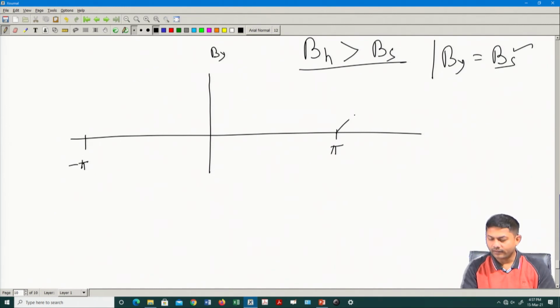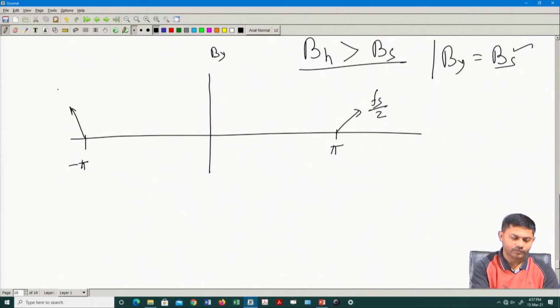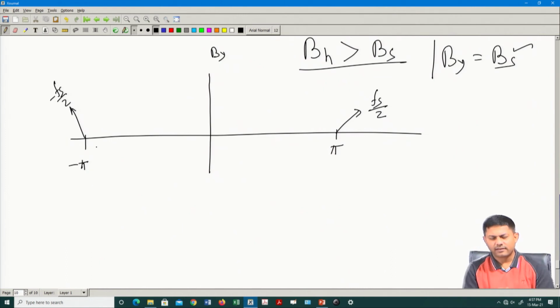So, this is my Fs by 2, sampling Fs by 2 at the transmitter side. So, I have adjusted my sampling rate such that it completely occupies the input bandwidth part. Whatever input I have sent, the same spectrum just fits into pi to minus pi. Let us assume that I am doing that kind of sampling.